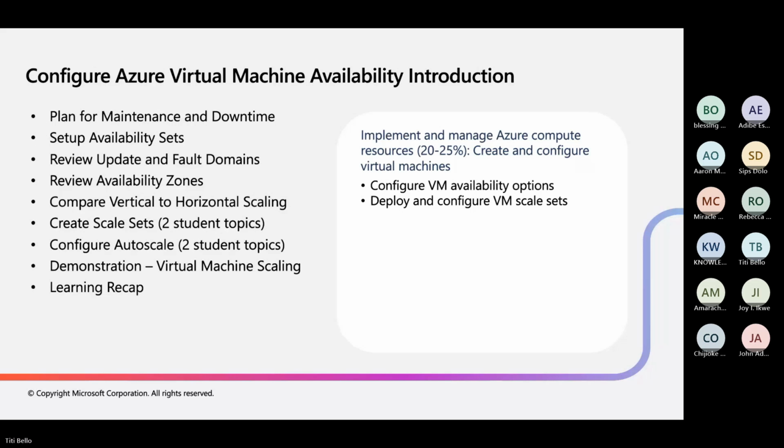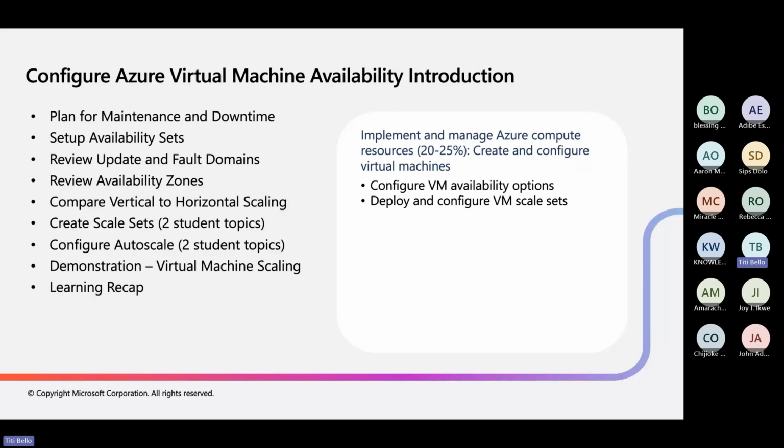So then compare vertical to horizontal scaling. We're dealing with how to align and arrange your virtual machines here. Then create scale sets. Remember, I said scale sets are used to create and manage a group of load balanced virtual machines.